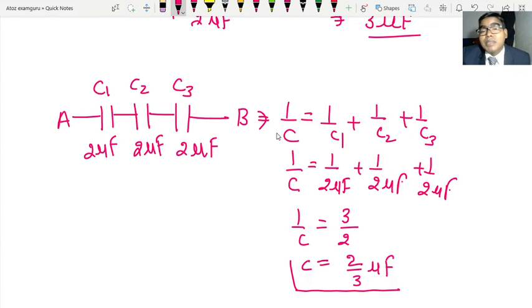Then you have got a very peculiar observation in this example. If you add the capacitance in series, then what will happen? The total capacitance of the circuit will be reduced. You are seeing that the individual capacitance of each capacitor is 2 microfarad.